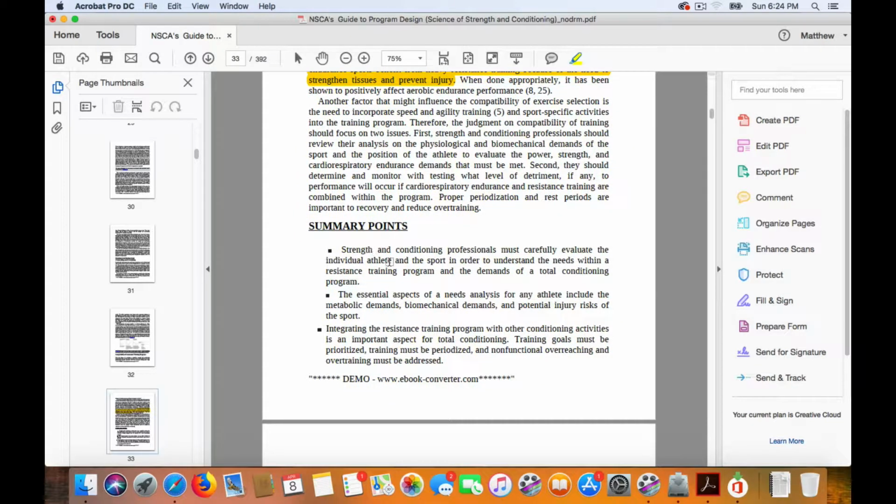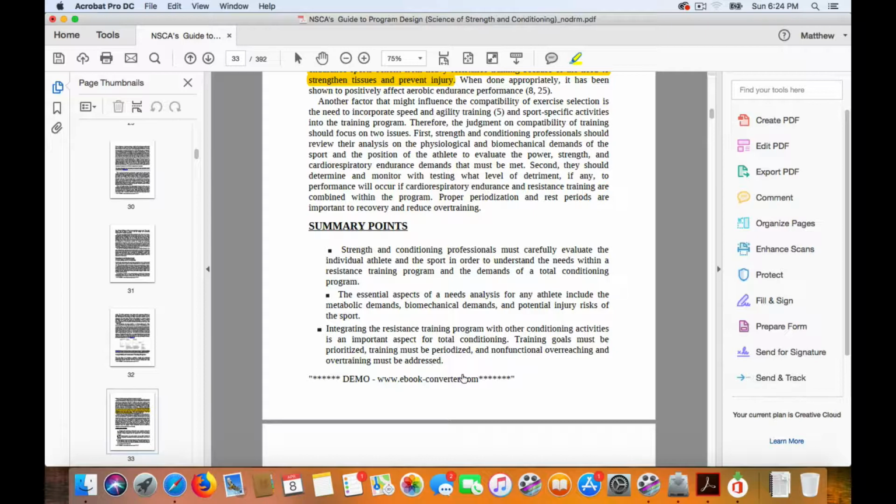So the summary points: strength and conditioning professionals must carefully evaluate the individual athlete and the sport in order to understand the needs within the resistance training program and the demands of a total conditioning program. The essential aspects of a needs analysis for any athlete include the metabolic demands, biomechanical demands, and potential injury risk of the sport. Integrating the resistance training program with other conditioning activities is an important aspect for total conditioning.